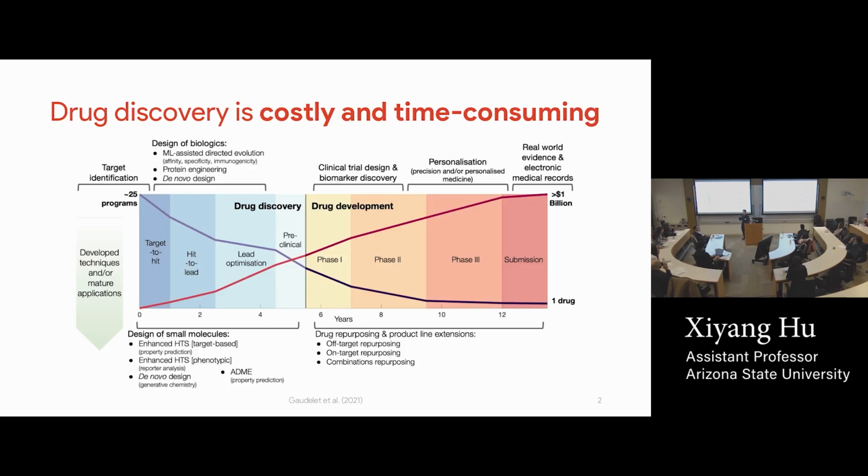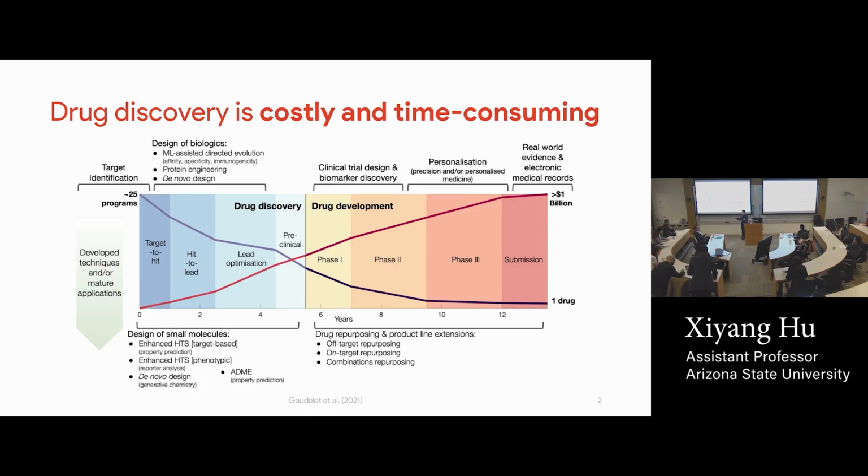After we have a very clear target, we need to find something called a hit. A hit is a chemical compound that can bind with a target to somehow help treat the disease.